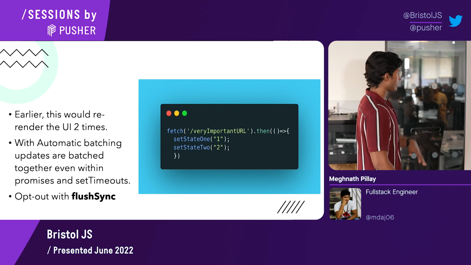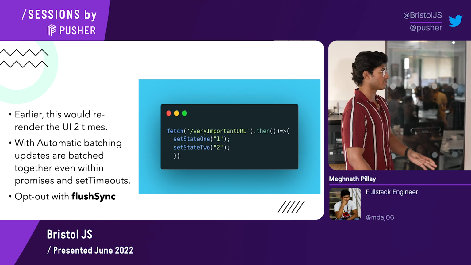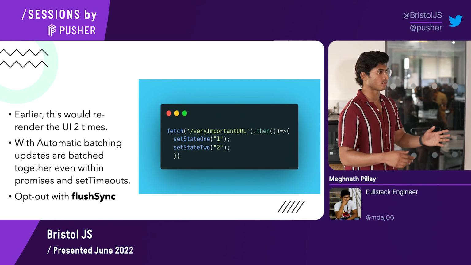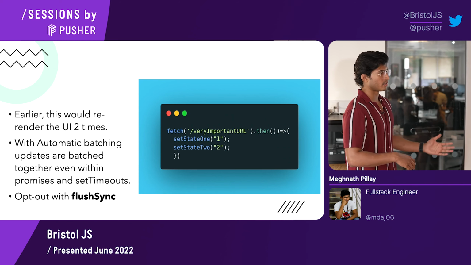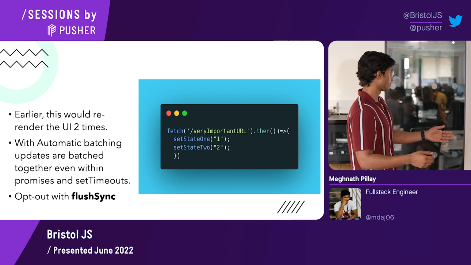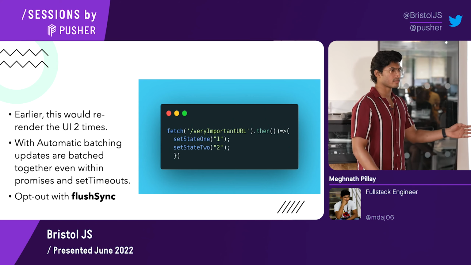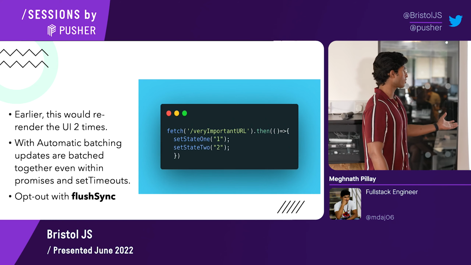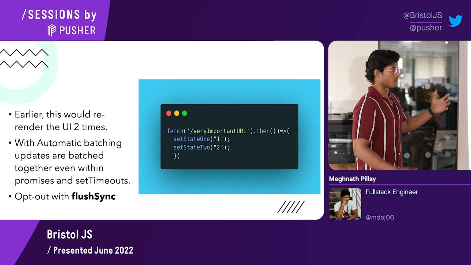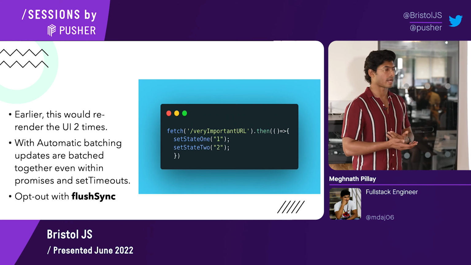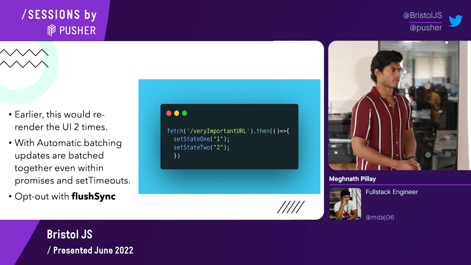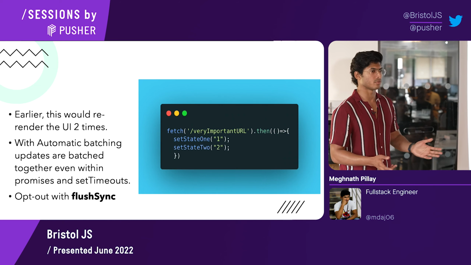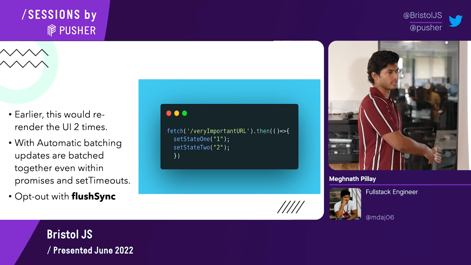This might cause issues in some of your state updates, and if that happens and you do not want to opt into this functionality, you could use the method flush sync. Automatic batching comes out of the box for React 18, and you could use flush sync to opt out of this feature for any specific state update that doesn't play well with it.